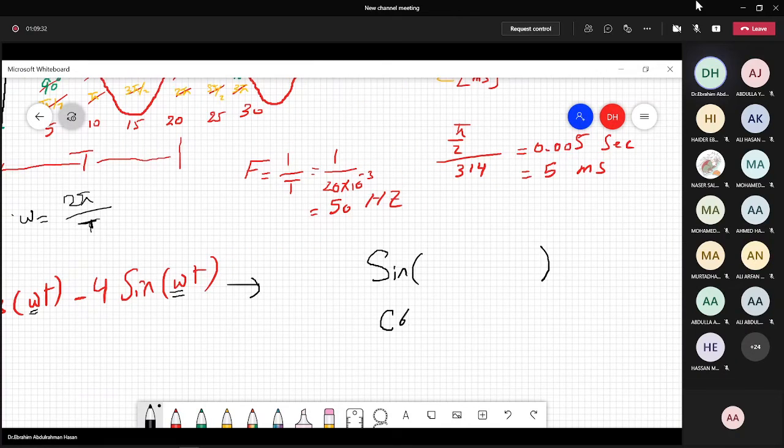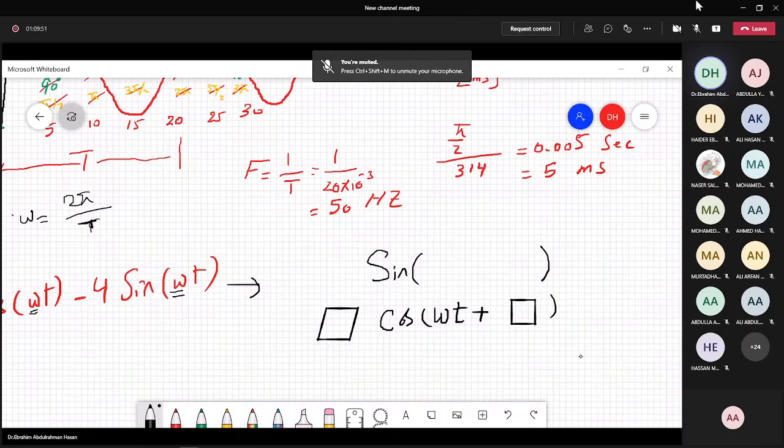So you can write it as sine or cosine, but with different amplitude, and there is a phase shift as well, with the same frequency, so omega t plus something. We need to find this one and this one.